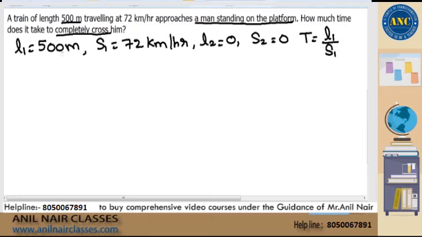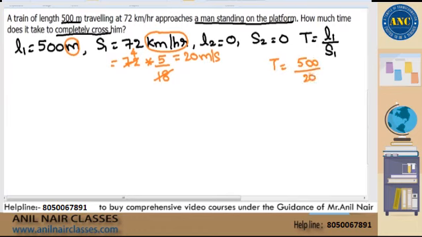But observe carefully, L1 is given in meters, S1 is given in kilometers per hour. They both are not matching. Convert kilometers per hour into meters per second. Whenever you are converting, multiply by 5 by 18. 18 into 4, 5 into 4 is 20 meters per second. So time is L1 is 500, S1 is 20. 500 by 20 is 25 seconds.